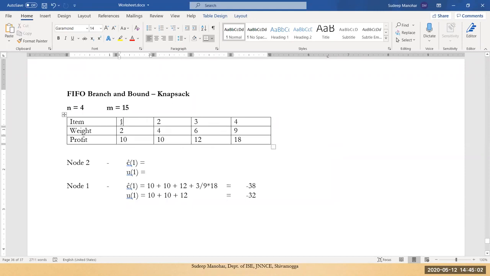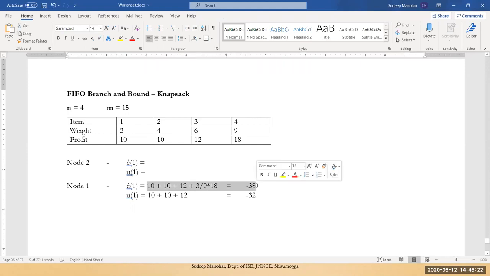If you consider item number 1 with fraction, 1, 2 and 3 are considered because the total becomes 12. You cannot consider the whole fourth item. So the same thing, 2 plus 4 plus 6, that means 10 plus 10 plus 12, the same value that you obtained previously for node number 1, is retained for node number 2 also.